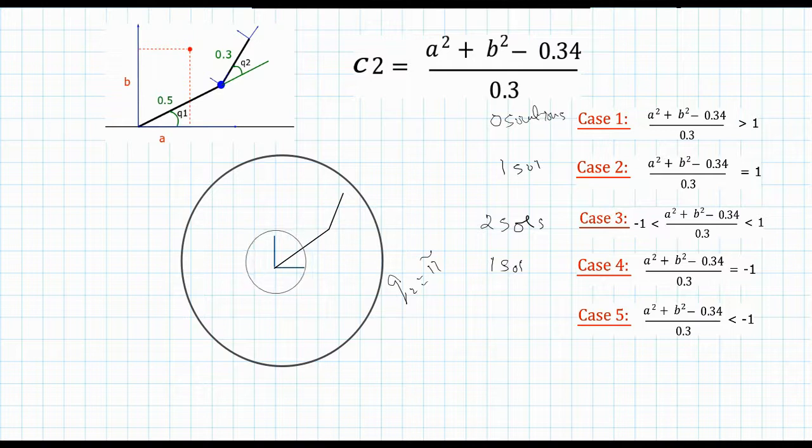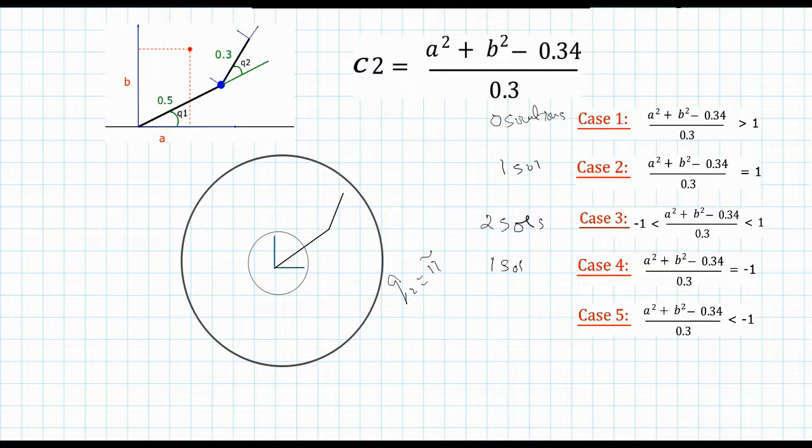Okay, so what is happening is that we have an inner circle, and if the point that I'm trying to get to is on the boundary of this inner circle, then the arm, in order to get here, has to be fully bent on itself, right? This segment of the arm will have to be fully bent on itself like this. Only then can the end effector reach a point which is exactly on this boundary.